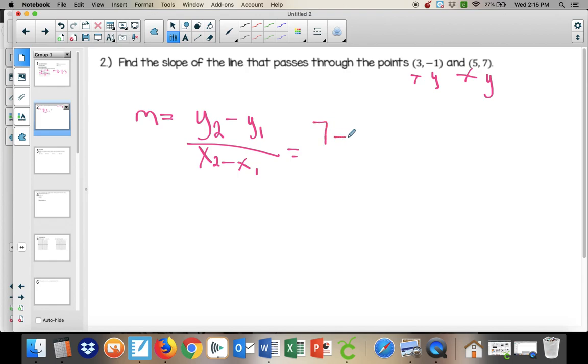So I would take 7, take away negative 1, which means I'm adding. And then 5, take away 3. Because I started with the 7, I'm going to start with the 5. I could have also set it up as negative 1, take away 7, 3, take away 5. You get the same answer. So 7 plus 1 is 8. 5 minus 3 is 2. I simplify it, and my slope is 4.